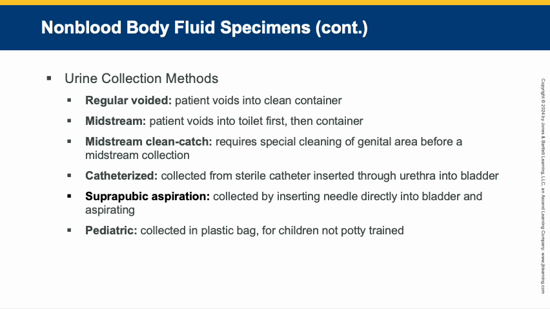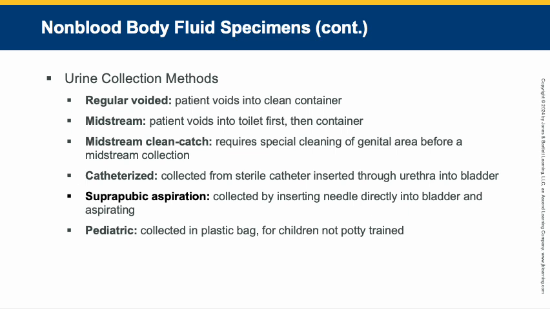The last specimen is the pediatric specimen. This one is done in a plastic urine collection bag. It's if it's an infant or a small child who's not yet potty trained, then your patient's genital area is cleaned and dried before the bag is then taped to the skin.